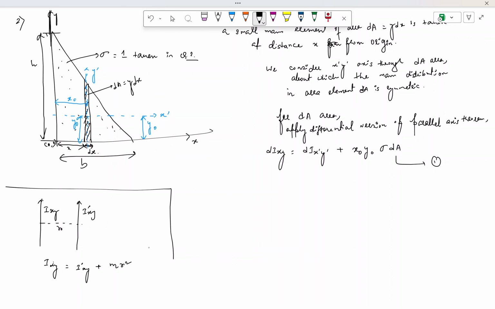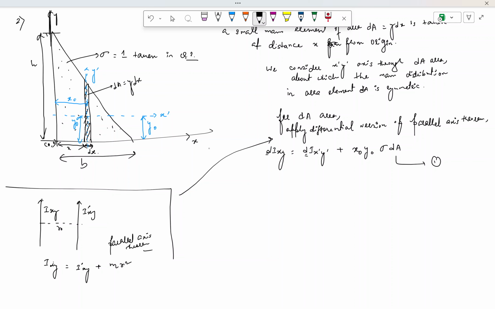So using the same equivalent thing for this small differential area dA, because it is a small area element, everything is taken in differential form with this d in front of it.